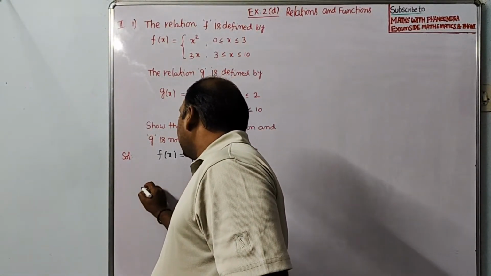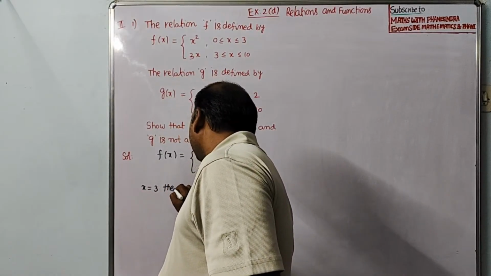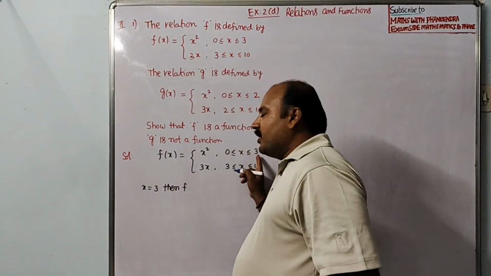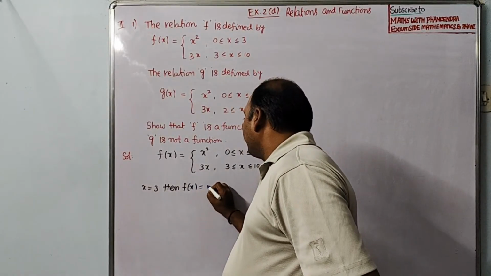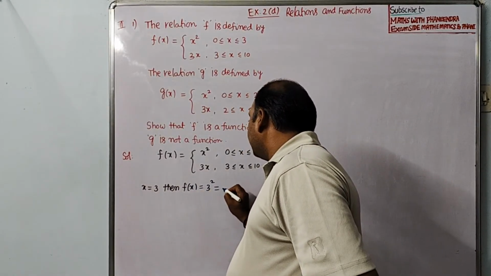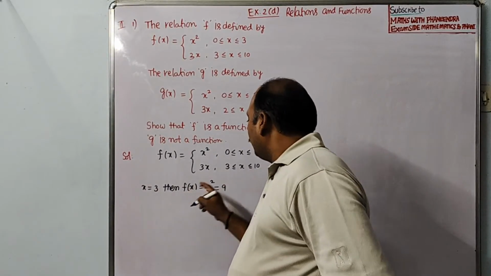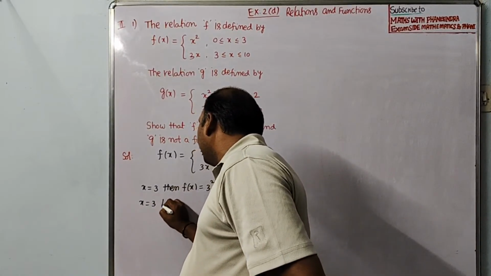Suppose x is equal to 3, if you take it, then x is equal to 3 belongs to the first interval. Then f of x is equal to 3 square, that is equal to 9. From the second interval, x is equal to 3, we can take it now.